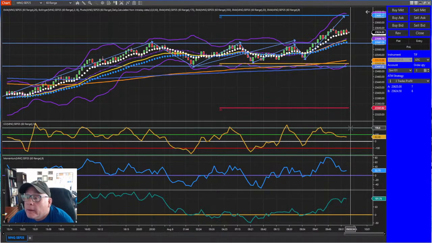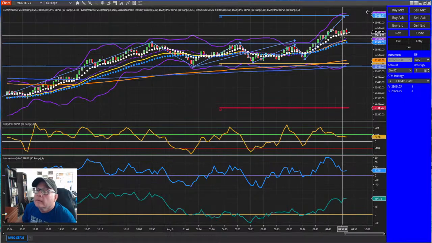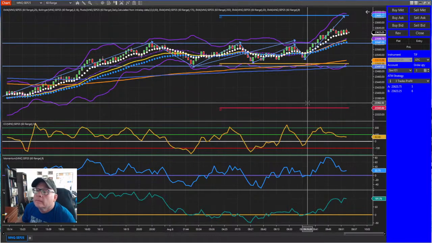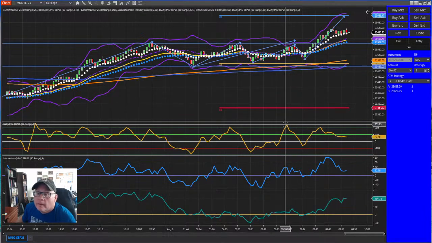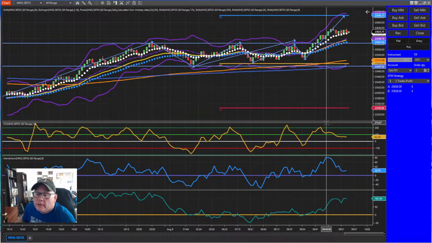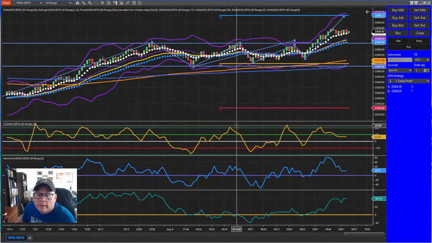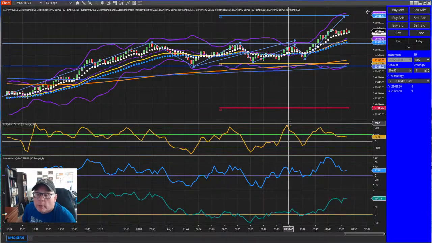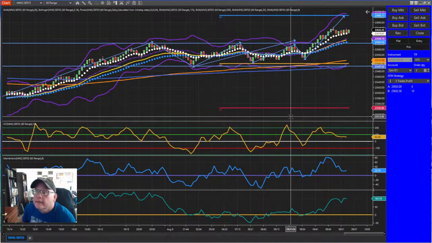Nice little gap here between the blue and the white line, dotted. CCI, last high is not showing as strong. Have a head and shoulder pattern here with the CCI.